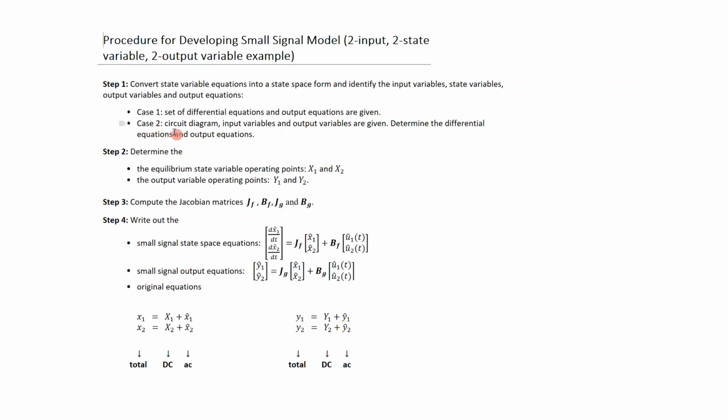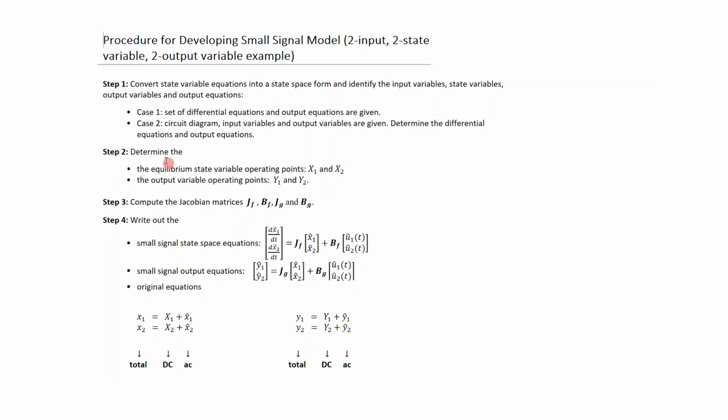The other possibility is a circuit diagram with input variables and output variables given, and what you need to do is, using the circuit diagram, determine the differential equations, the output equations. So this is an extra step that needs to be taken. This was an example that we had just discussed earlier in terms of first of all setting up the output equation and the state equation, but we did it for a single variable case.